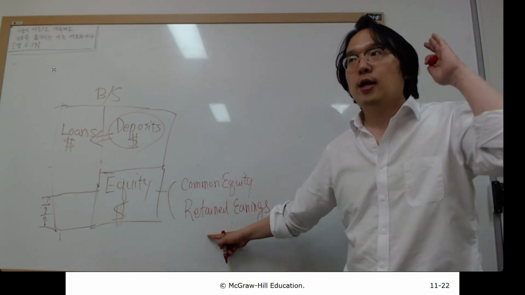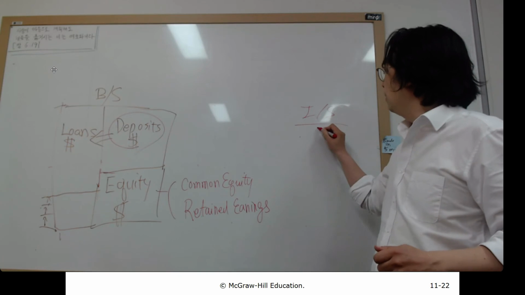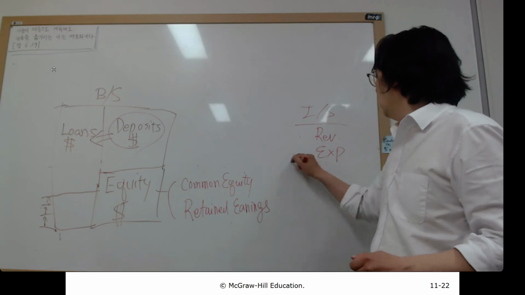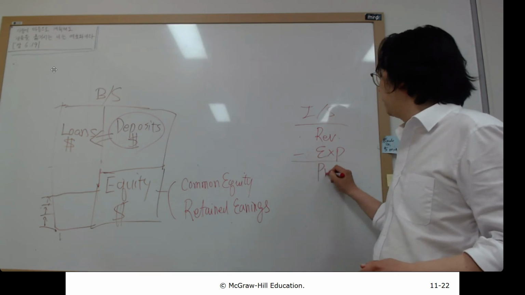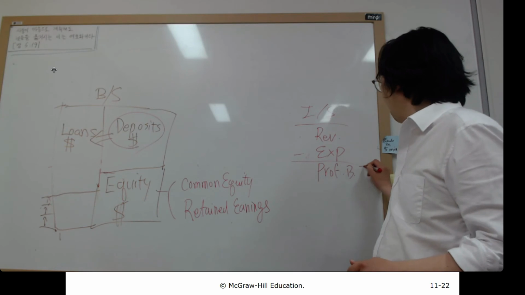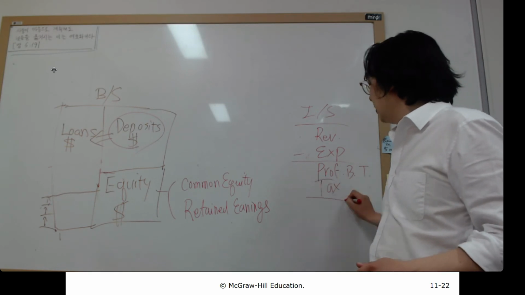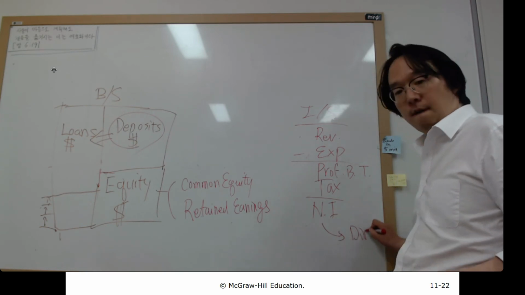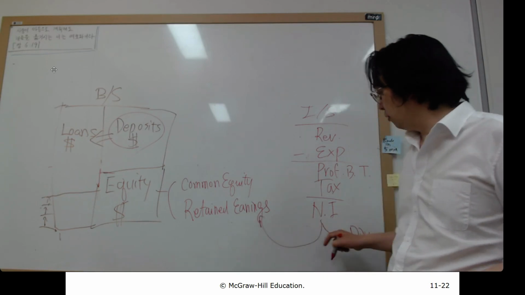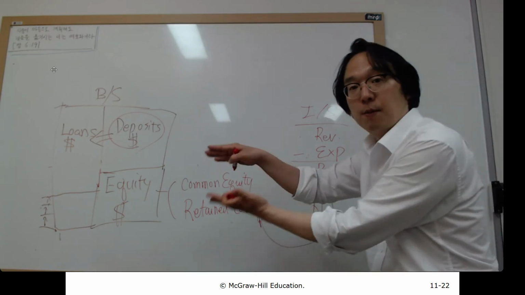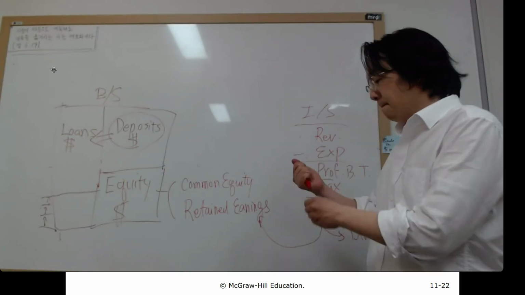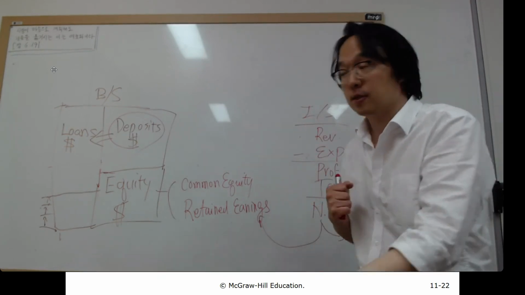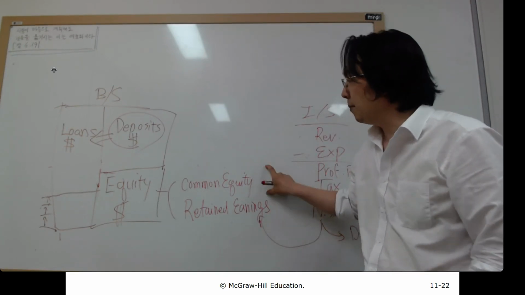In the income statement, after making revenues and expensing out, you get profit before tax, then you pay tax and get net income. Part of it is paid out as dividend, and the remaining part goes into retained earnings and gets accumulated. With this amount you reinvest in your day-to-day business. So that's retained earnings, common equity.